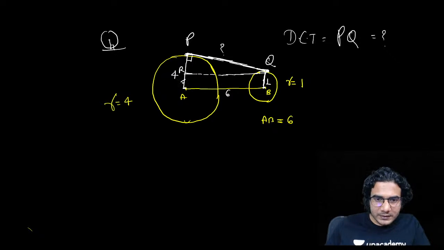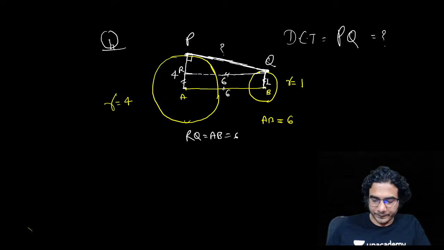Why? Because these two lines are parallel and equal, and these two are also parallel. So it's a parallelogram. If AB is 6, then RQ will also be 6, right?